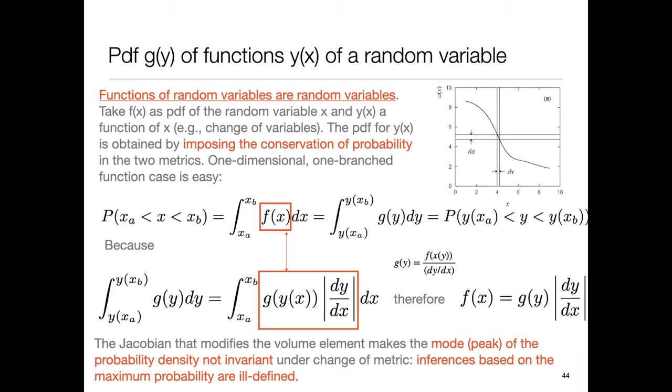And I'm wondering, how can I get from the PDF of my original random variable to the PDF of the transformed one? And this is conceptually very easy.